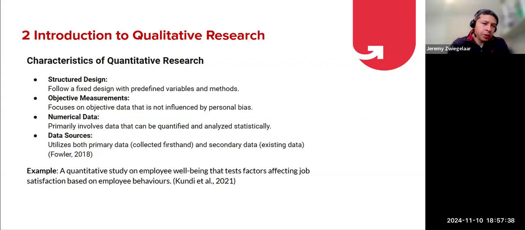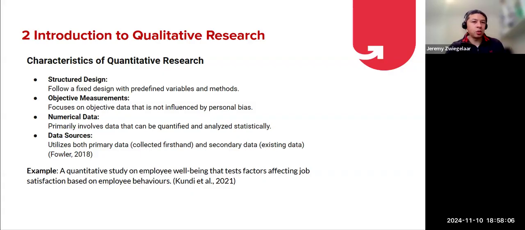So the data sources, so we use both primary data, meaning that we collect this data firsthand, or secondary data. Secondary data is from existing sources, stuff like either statistics that has been already been collected or data such as reports that are available freely on the web or website information that's available already, such as social media and so on.